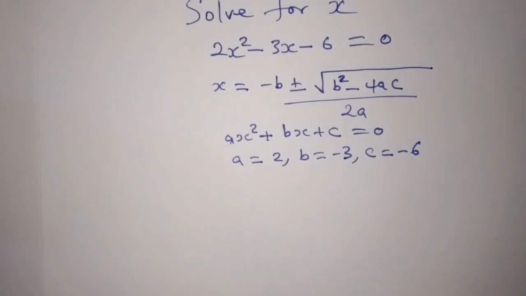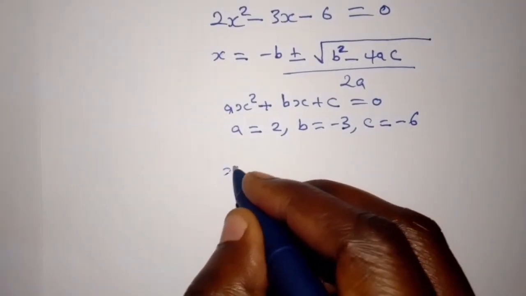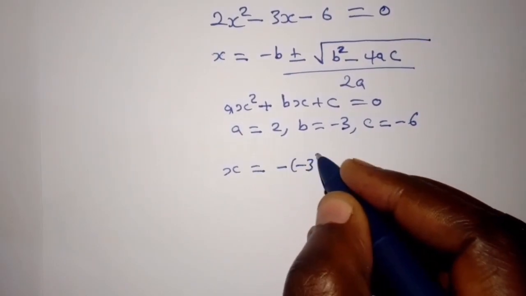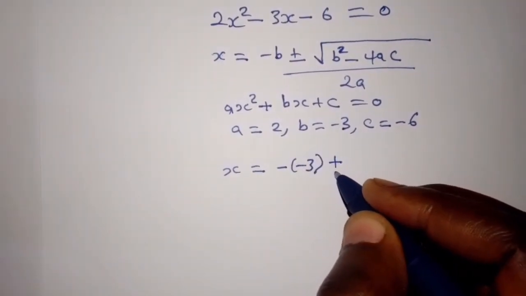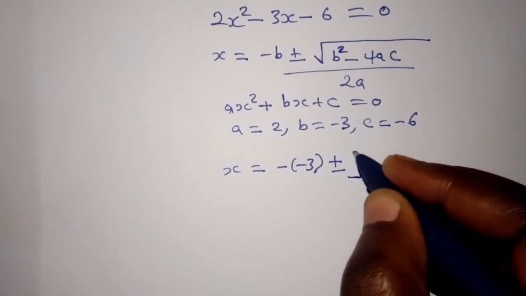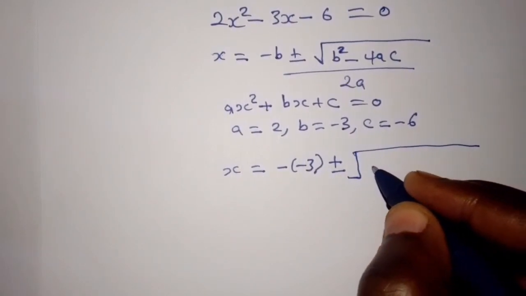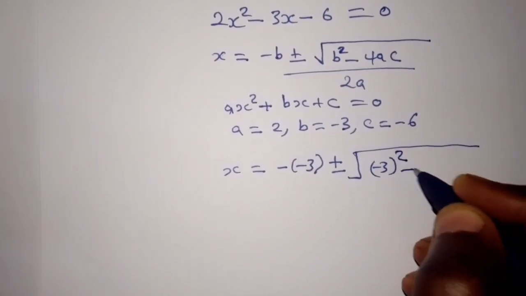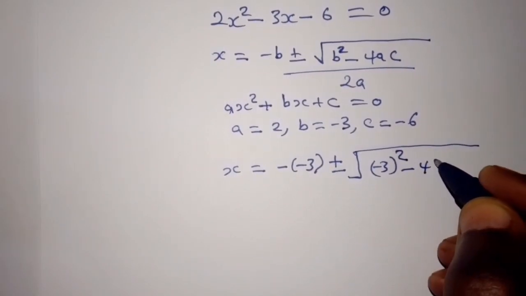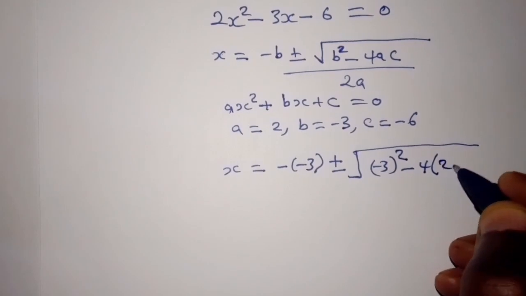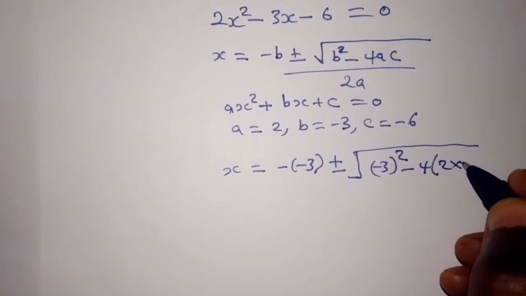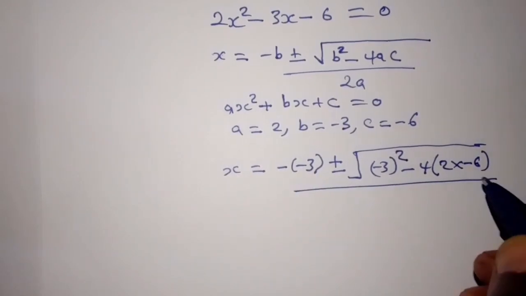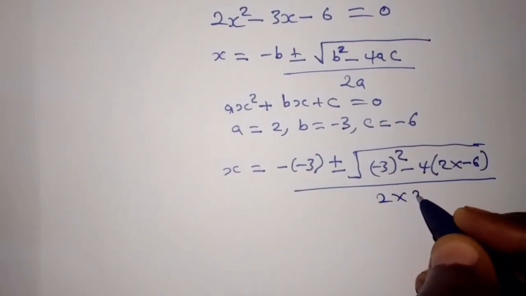Then now we can say that x is equal to −(−3) ± the square root of ((−3)² − 4(2)(−6)) over 2 times 2.